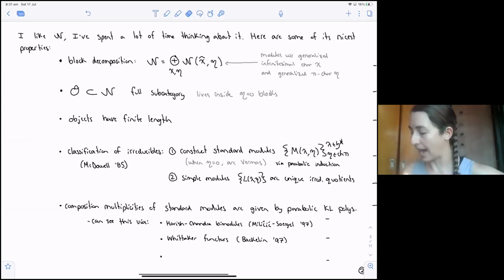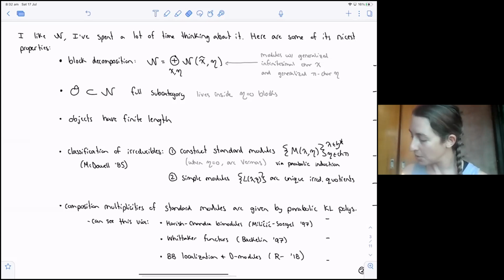And then immediately afterwards, Backelin showed this in general using these Whittaker functors, which were functors he constructed which went directly from category O into this category of Whittaker modules. And again, this let us conclude that the composition multiplicities are given by parabolic Kazhdan-Lusztig polynomials. And then this can also be shown directly by using geometric techniques. And this is what I did in my thesis.